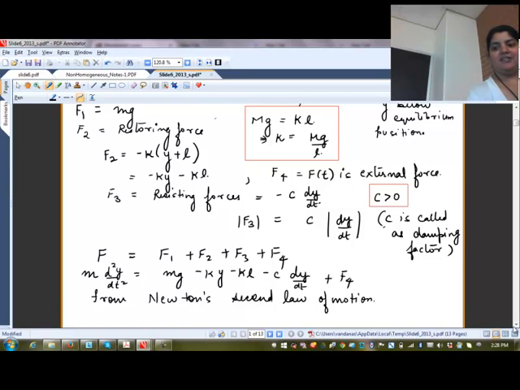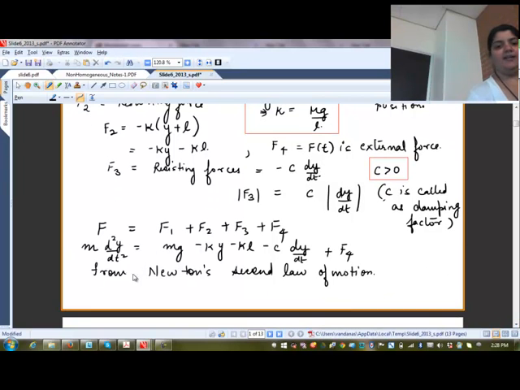So okay, fine. This is the equation we end up with. Let's divide this throughout by m. Can I do this? Can I divide it throughout by m? Why? Because mass is not 0. If mass is 0, nothing is happening here.